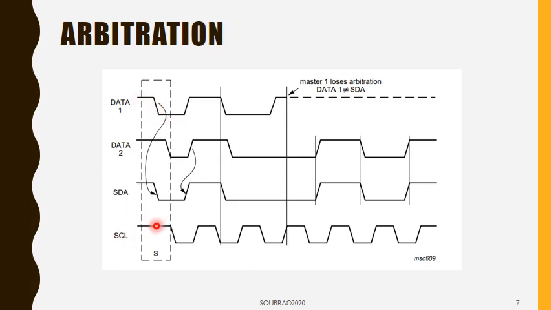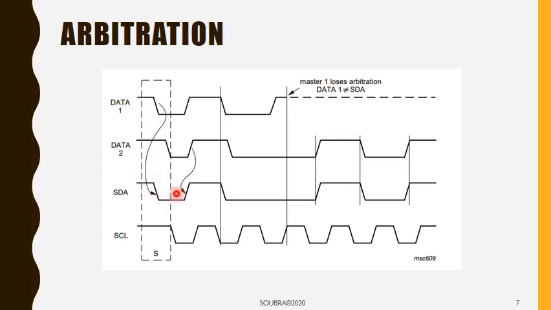On the high clock, I'm bringing down from high to low, and at the same time, within that delta, master number 2 is doing the same thing. Both of them have seen that the bus line is empty, so it was 1, and no one is sending anything, so they are attempting to start a transmission. And on the SDA line we can see a transition happening, so we're all good.